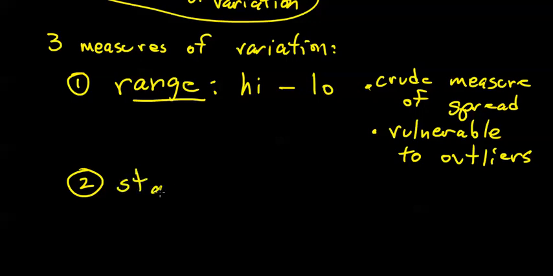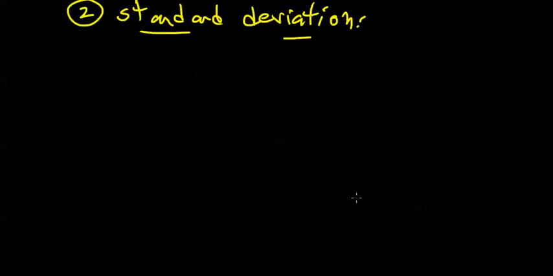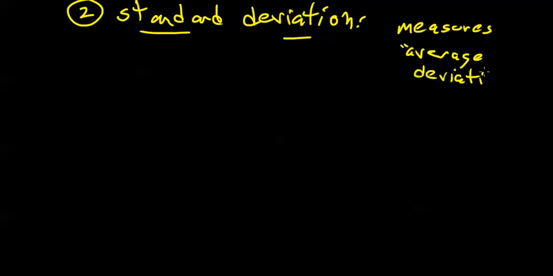Next one we're going to talk about is standard deviation. Well, your standard deviation, it measures what I'll call the average deviation from the mean for all your different data points.